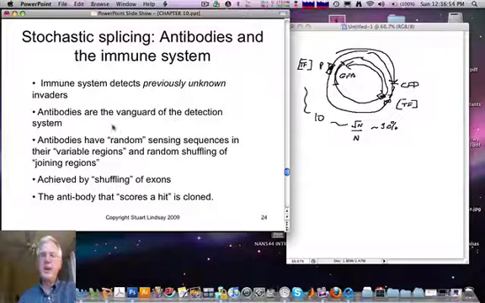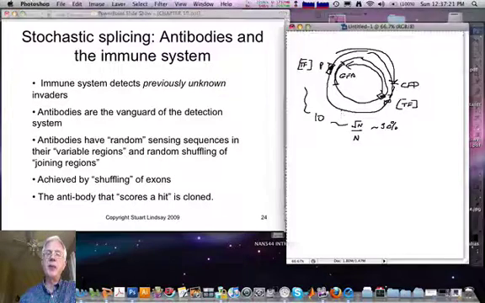Let me turn now to an even more fascinating, in my view, consequence of fluctuations, which is stochastic splicing. You may recall in our Molecular Biology 202 slide that I said that the exons that constitute the packaged genes in eukaryotes might be put together a large number of ways, and in particular done so randomly.